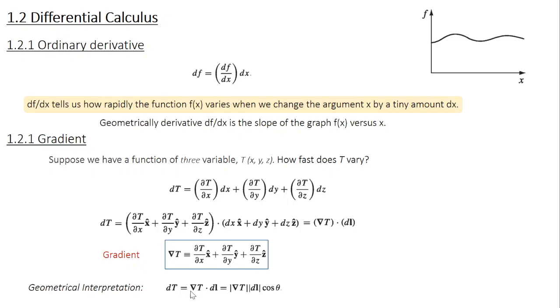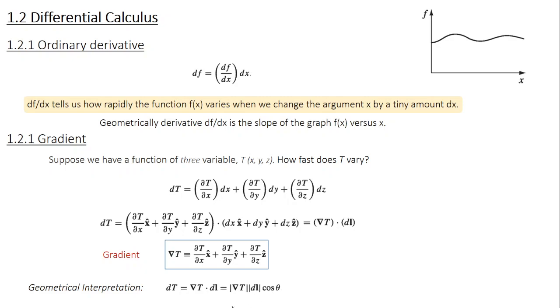So dt equal to grad t dot dl, which you can write in the component form as the magnitude of grad t into magnitude of dl multiplied by cosine of the angle between these two. Now if you fix the displacement vector dl and if you vary the angle theta, for what value of the angle do you get maximum change in the function t? So cos theta can vary from -1 to +1.